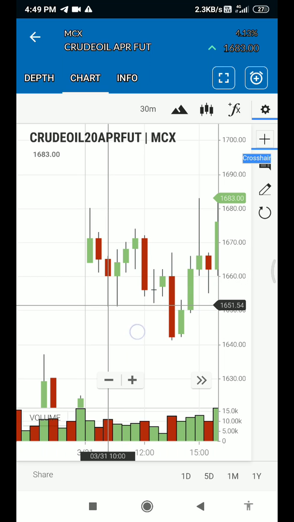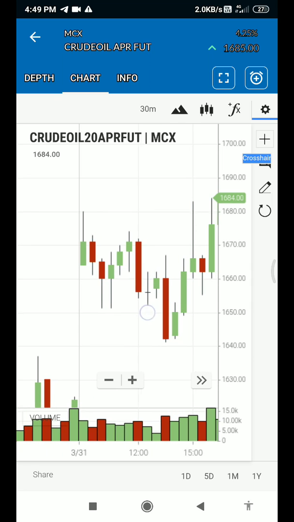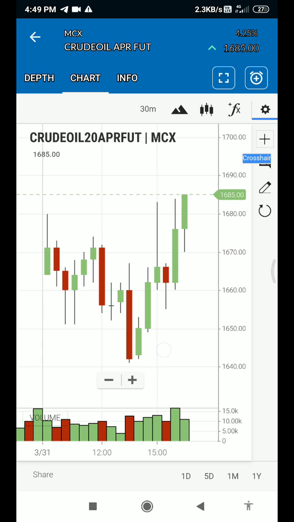Since the sentiment is bearish early in the morning, break below 1651, below in the sense 1650, you should place your stop loss order to sell. Your stop loss for the entry which is going to sell should be around 70 or 75, which is a good one. After that you can see at 12 o'clock market has fallen.